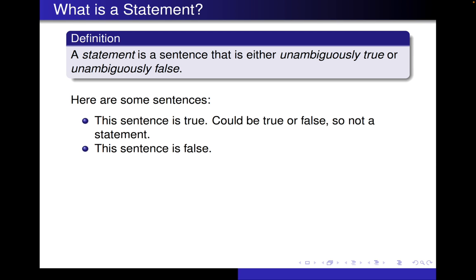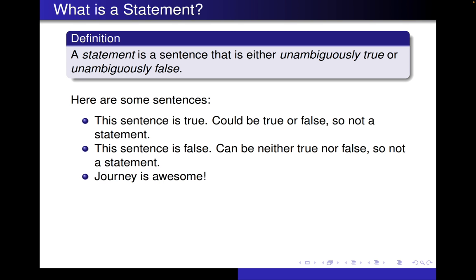Now, if I assume the sentence is false, then what I'm saying is this sentence is false, which I was assuming to be false, which makes the sentence true. So that is also contradictory. So that sentence can be neither true nor false, so not a statement.